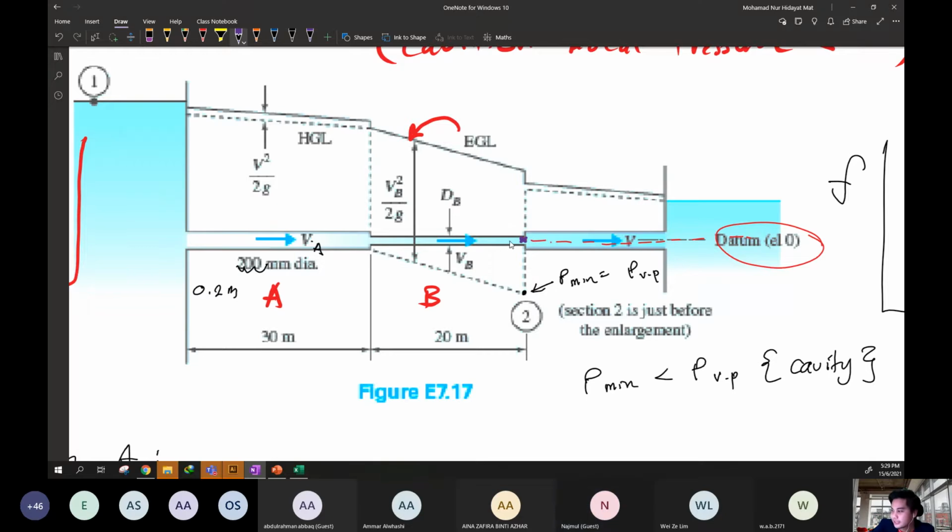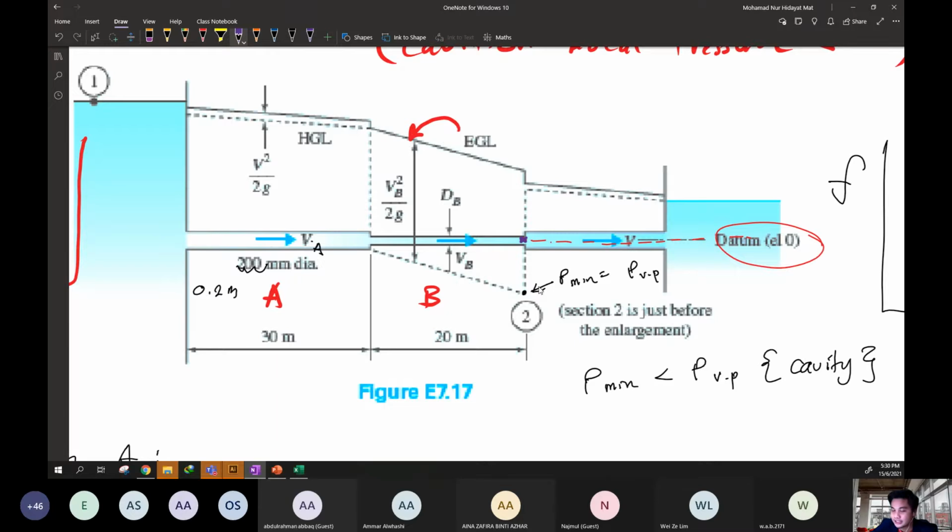From this section to this section, increase in pipe diameter. What do you think of the pressure? Increase, right? So your intention is to avoid what kind of natural phenomenon? Your intention is to avoid the occurrence of cavitation.